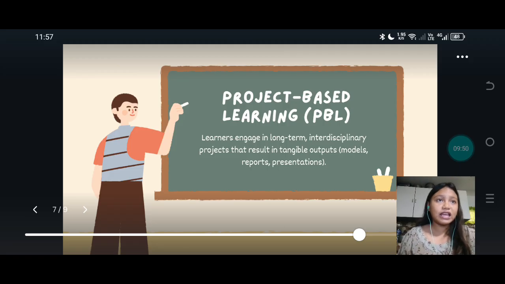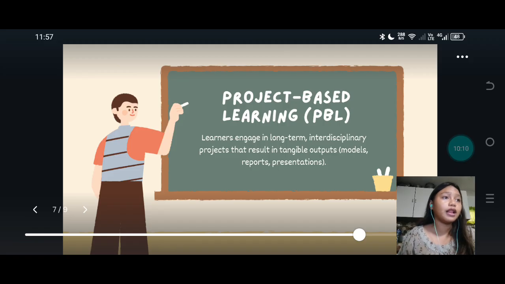So the learners gain knowledge and skills by working over an extended period of time to investigate and respond to complex questions, problems, or challenges, or just showing their knowledge in their given course.